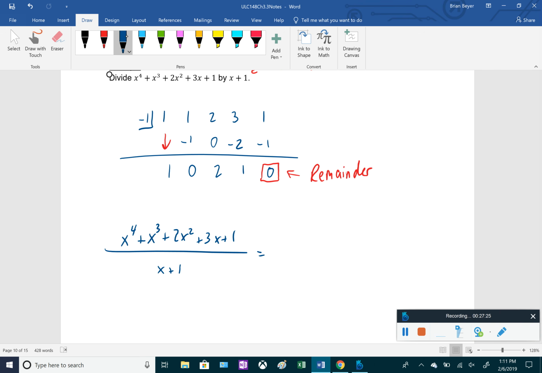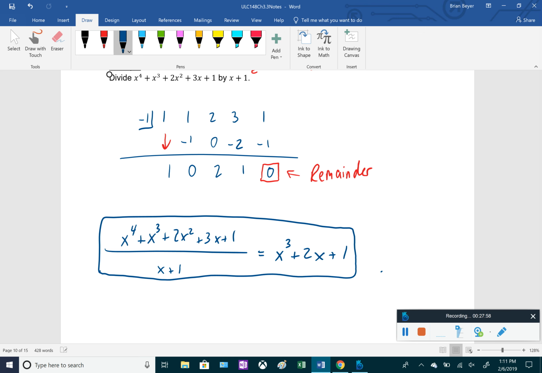So it's going to be 1x cubed plus 0x squared, which I'm not going to write, plus 2x plus 1. And that's going to be plus 0 over the divisor. So we do not have to write that, right? Anytime the remainder is 0, we don't need to write 0 over something, so I'm just going to erase it. And this is our answer.